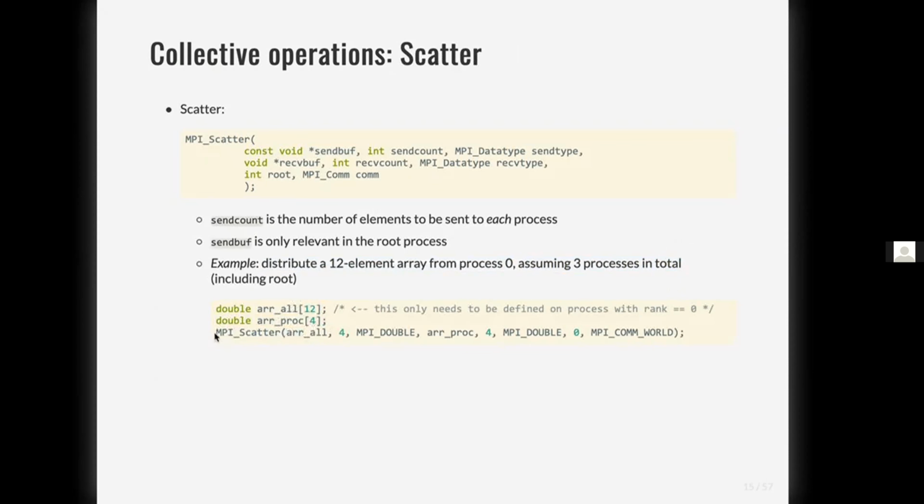So all processes will call this, right? But this rank here, this 0 that you put here, specifies that the data will be sent from process 0, 4 elements, MPI double, put it in R proc, again, 4 elements, MPI double. Okay.